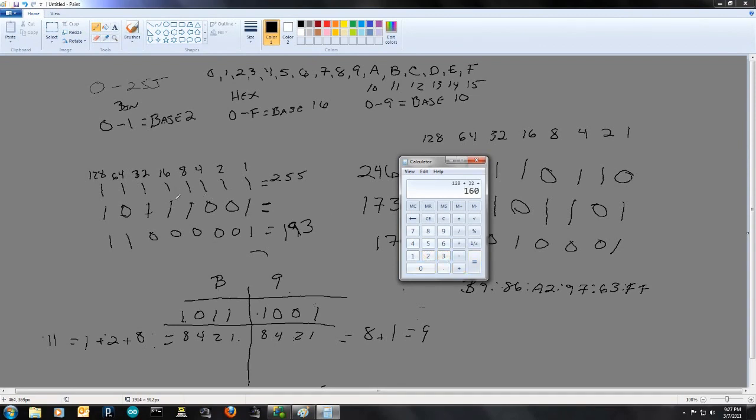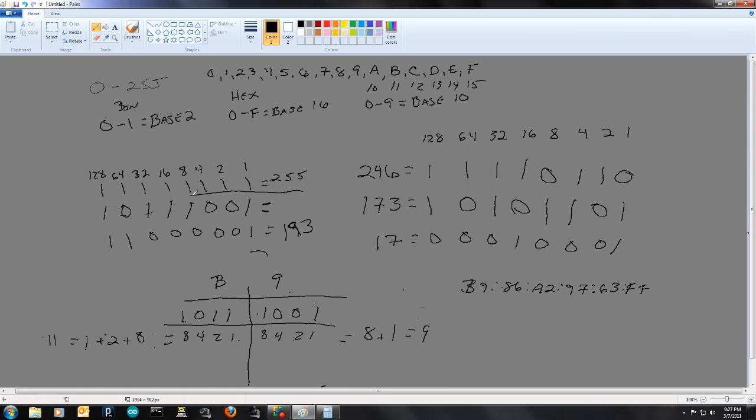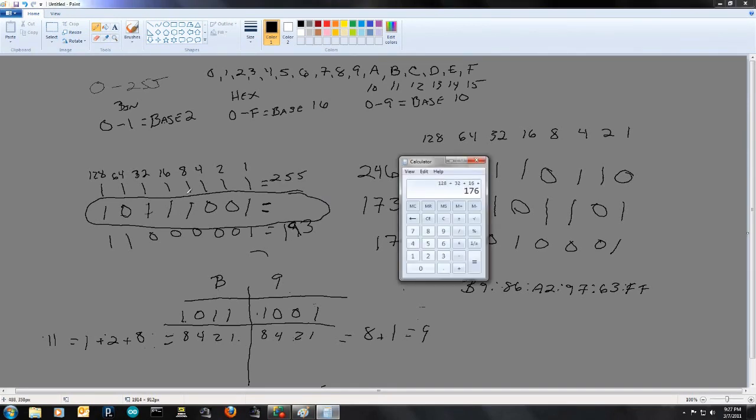We have 16, yes. We have 8, yes. Remember, this is the number that we're doing right here. 4, no. 2, no. 1, yes. 185.